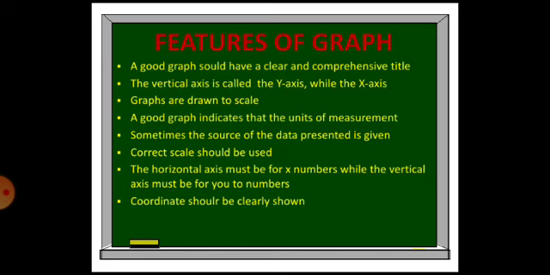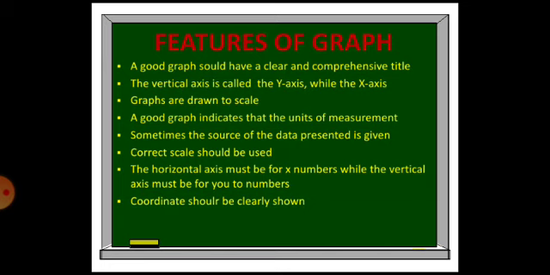The horizontal axis must be for X, while the vertical axis must be for Y, depending on the way you want to label it and in relation to the question you are asked to handle. The coordinates should be clearly shown, the coordinates that explain the relationship between the two variables. Let's say you are asked to plot a graph telling us of the relationship between price and quantity demanded.